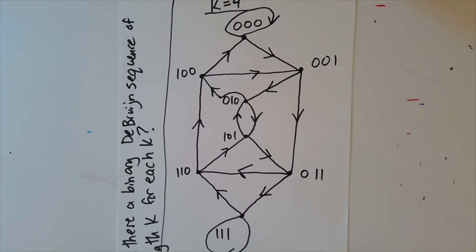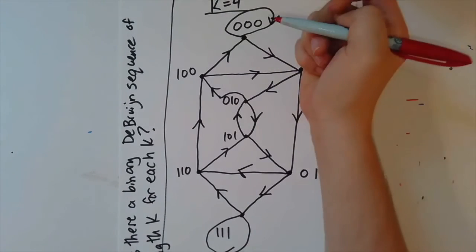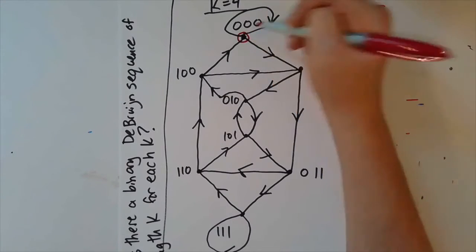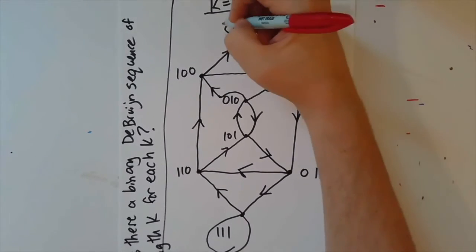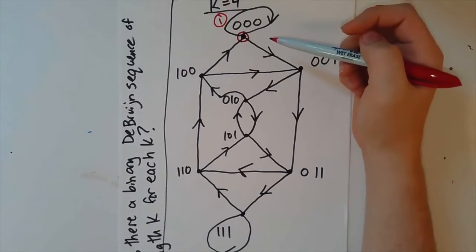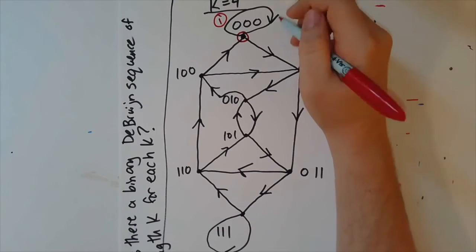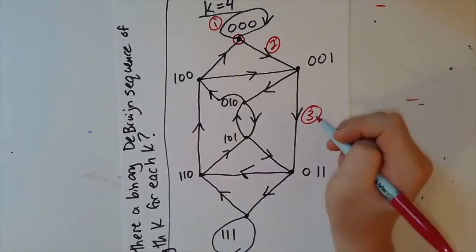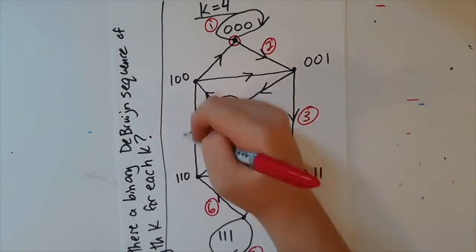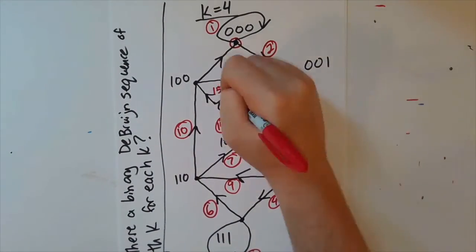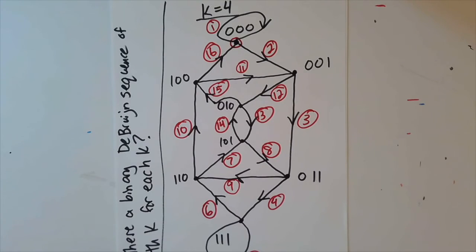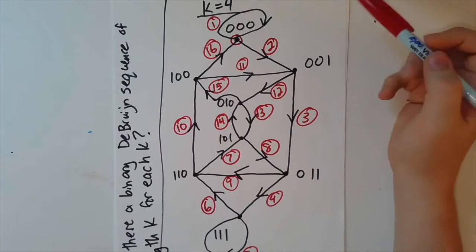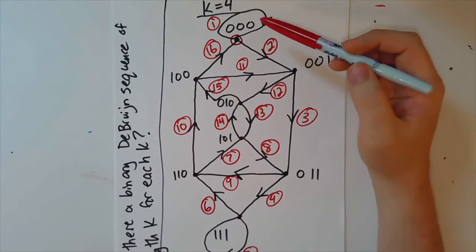Okay, so let me write down for you a path. We're going to start here, and the first thing we're going to do is go around this loop, and then we're going to go down here. I've labeled the edges here so that you can see this, but just so that you can follow along, I'll do it real quick with the marker.